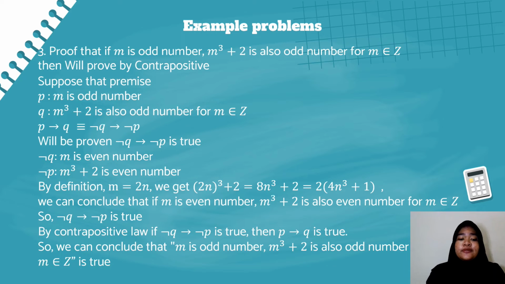By the contrapositive law, if negation of Q implies negation of P is true, then P implies Q is also true. So we can conclude that if m is an odd number, then m power 3 plus 2 is also an odd number for m an element of integers is true.